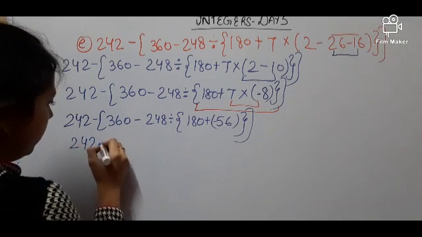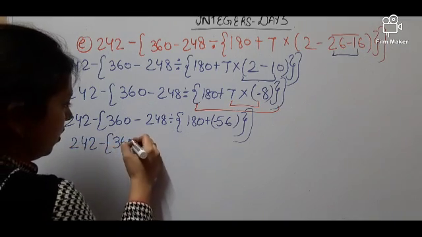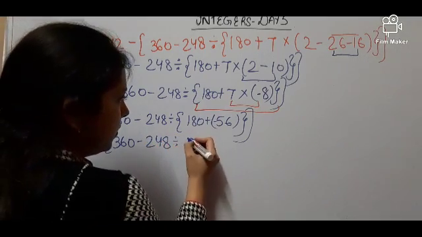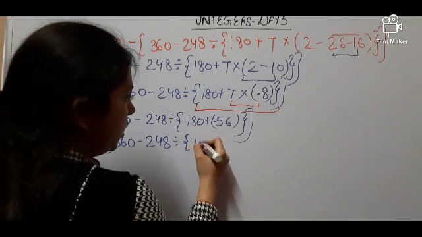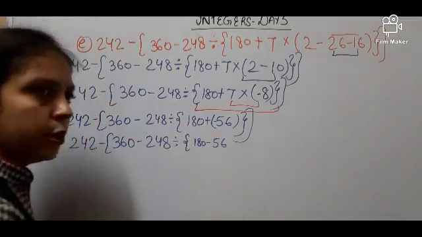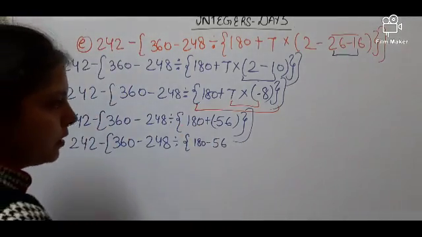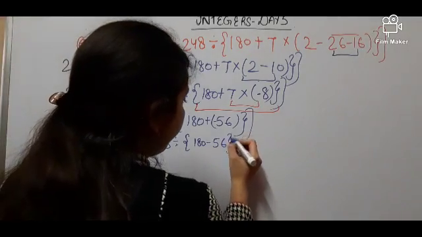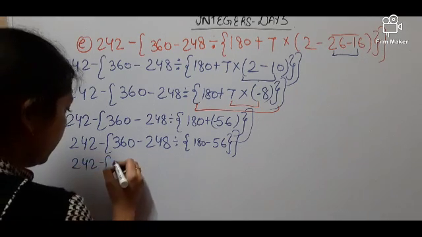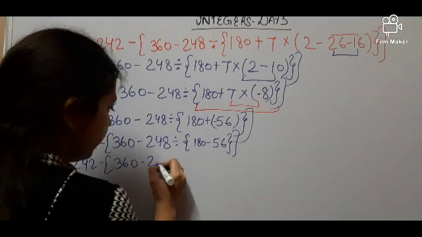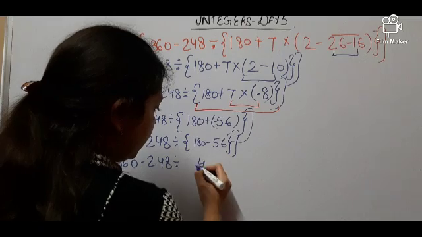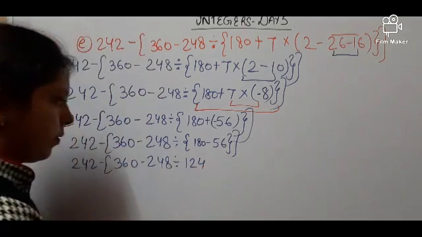Next, 360 minus 248 divided by 180 and plus minus minus. When a bracket is preceded by a positive sign, there will be no change in the bracket. So now 180 minus 56. See what 180 minus 56 gives us. It is 124.